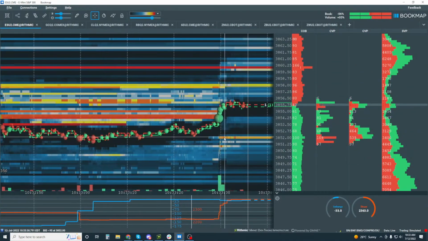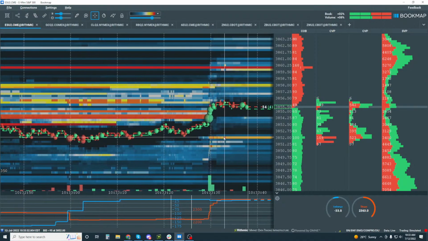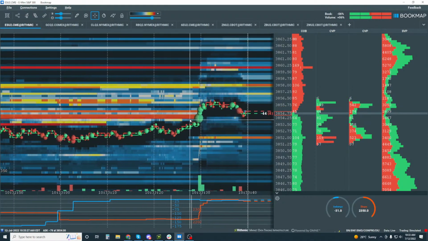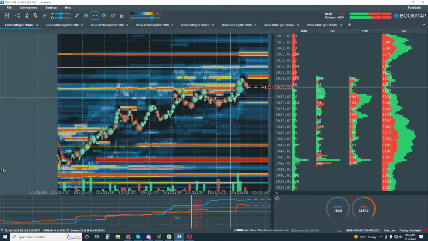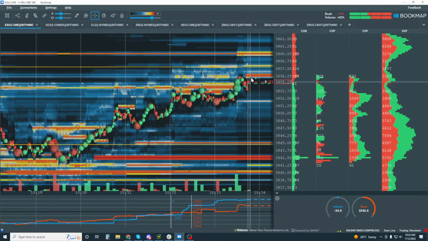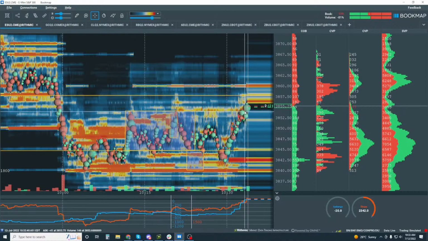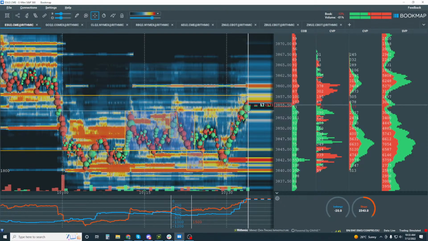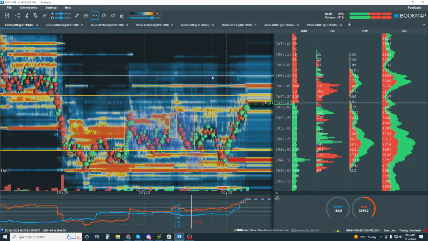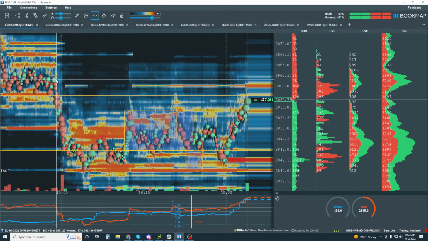Instead, the bid lit up a bit, and we found some buyers. Now this could fail though, so let's see if we get a fail here. Let's zoom out a little bit too. Boy, now this is pretty good buying. I think we're going to get up to our 57 here, maybe even higher.